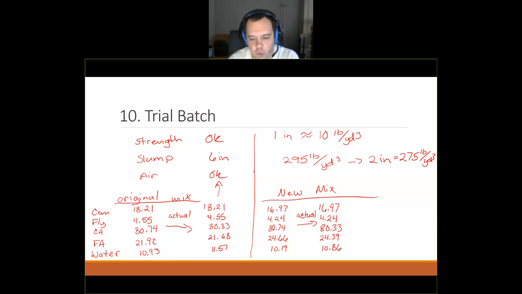And so for workability, it's this water content. For strength, it's water to cement ratio, and air, well, that really comes down to the chemical dosages that you have to work with. And so in this example, we develop this mix, and then we correct it off of that.